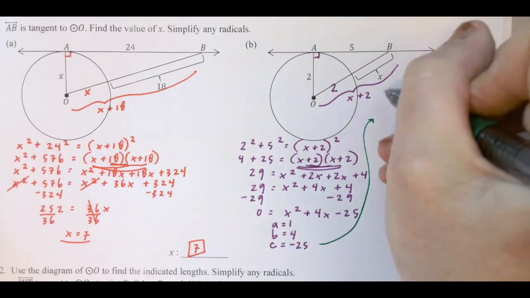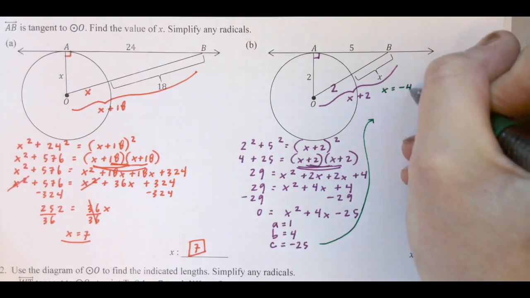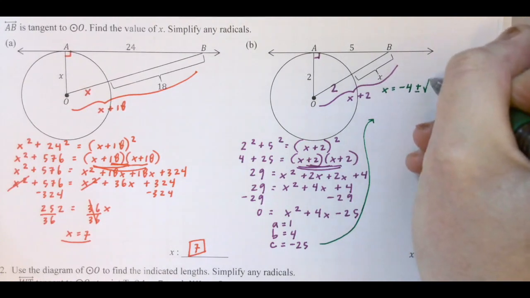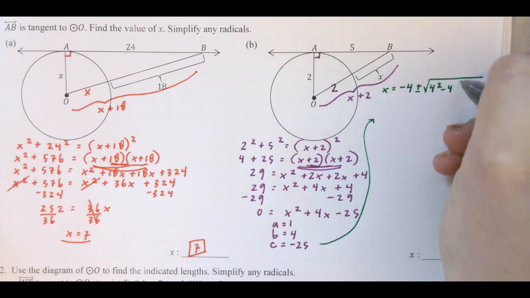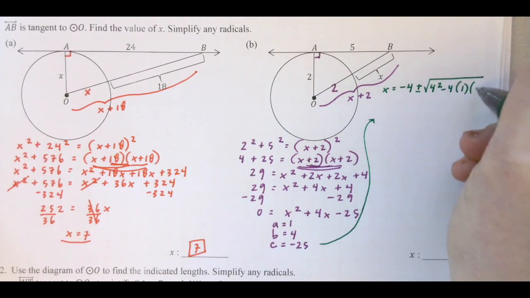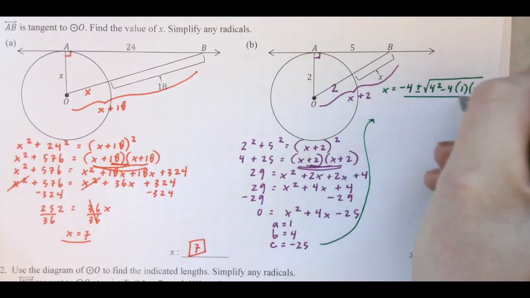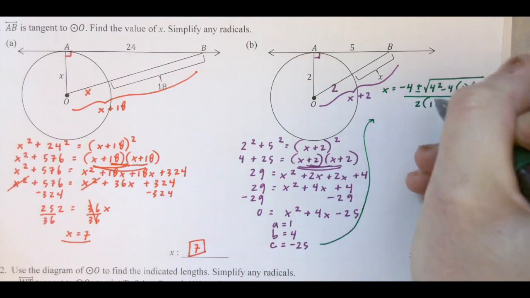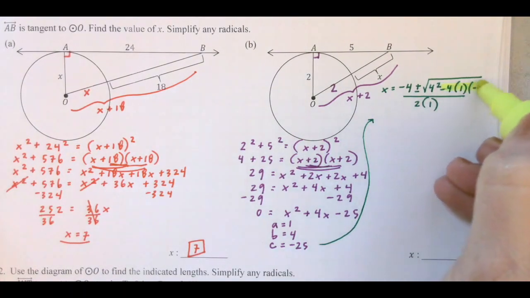All right, so x equals negative b, so negative 4, plus or minus the square root of b squared, so 4 squared, minus 4, a is 1, c is negative 25, all over 2a, 2 times 1. And again, whenever I see a mistake, it usually happens in here, right?